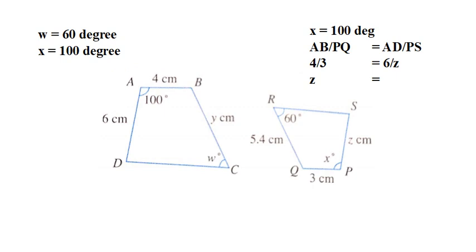Here, we know that this one is going to be our comparison, our first ratio, 4 out of 3. So that means this one will be compared to z.